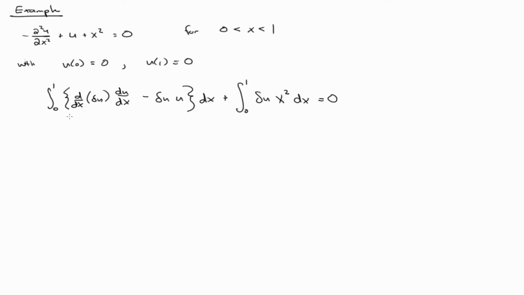that, and I've written it in such a way that I've grouped the terms that involve del u and u and the terms that only involve del u. All right?